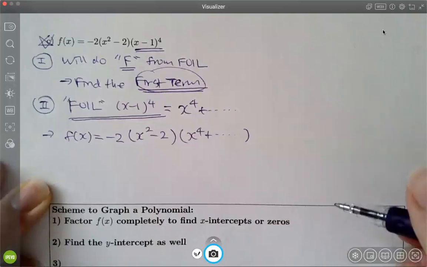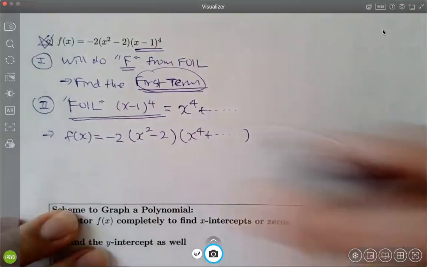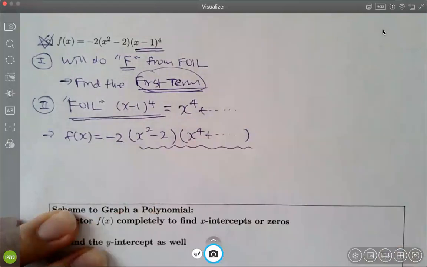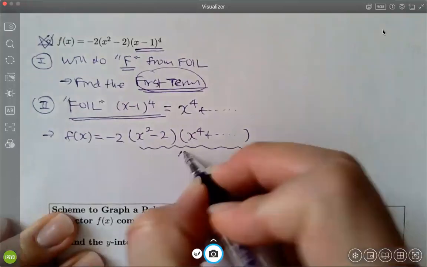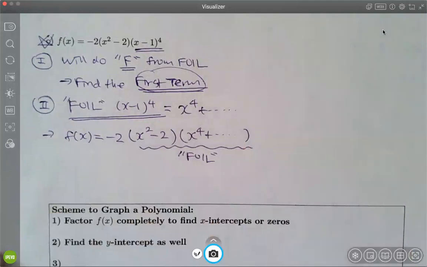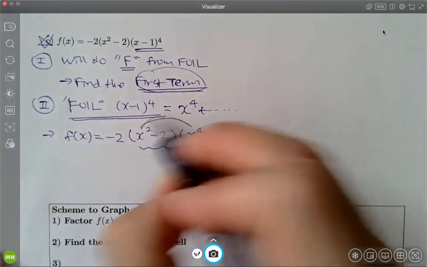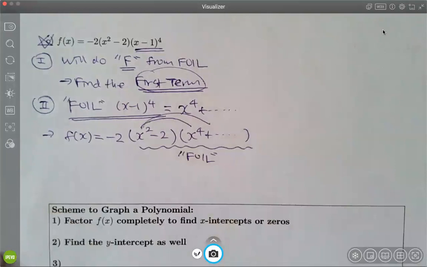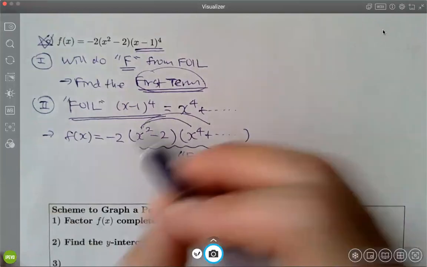And then what do you do next? Again, imagine you are FOILing this. Then you do this one, and so on and so forth. But again, we don't care what happens after the first term.